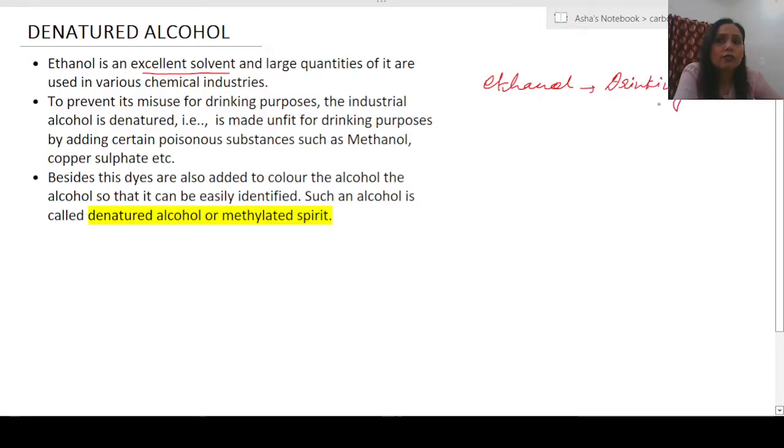So to stop its misuse, it is made unfit for drinking before supplying it to any kind of industry.